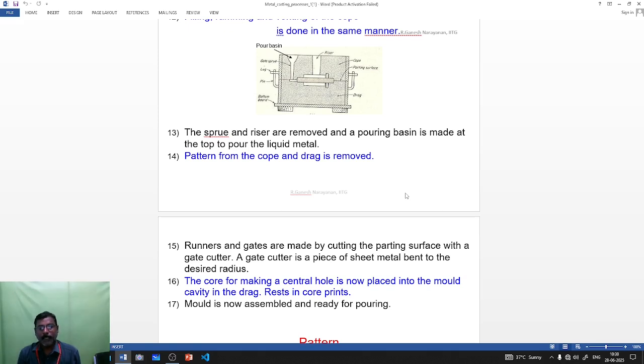Then runners and gates are made by cutting the parting surface with a gate cutter. The gate cutter is a piece of sheet metal bent to the desired radius. The core for making a central hole is now placed into the mold cavity in the drag, pressed in core prints. The mold is now assembled and ready for pouring.